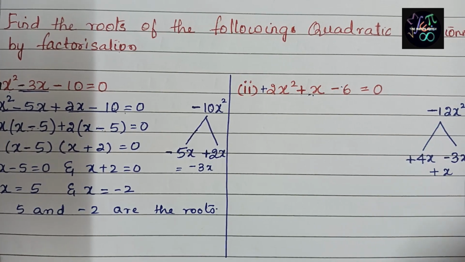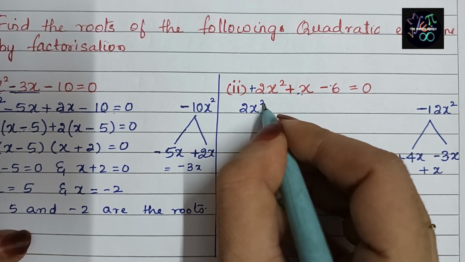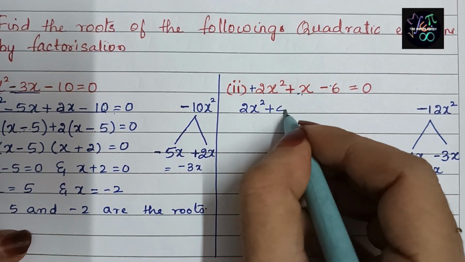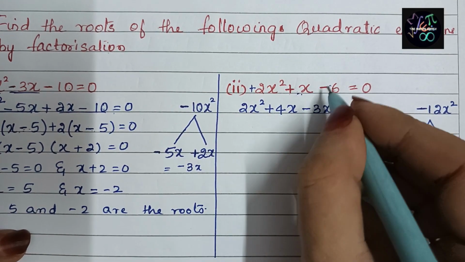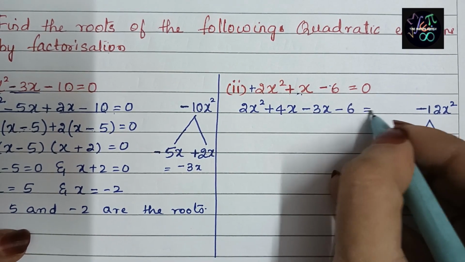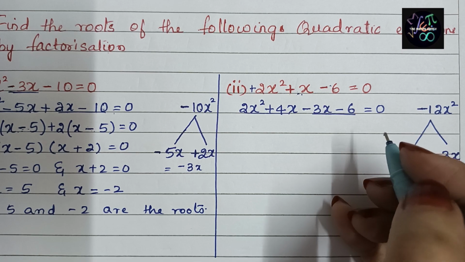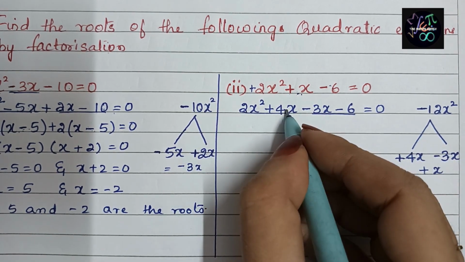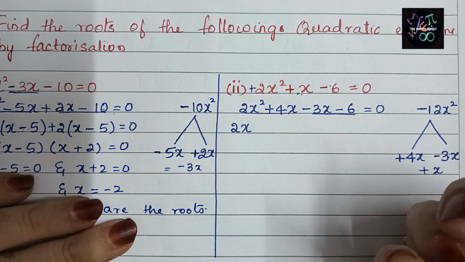So let us solve now. 2x square plus 4x minus 3x, in place of this, minus 6 equal to 0. What is common here? Let us do it in two groups. Here 2 is also common and x is also common. So I took 2 outside and x also outside.